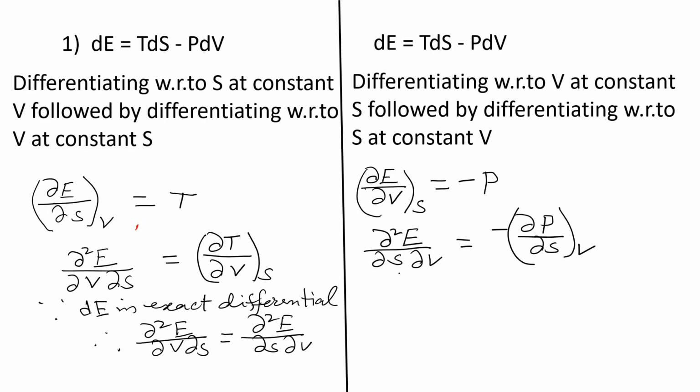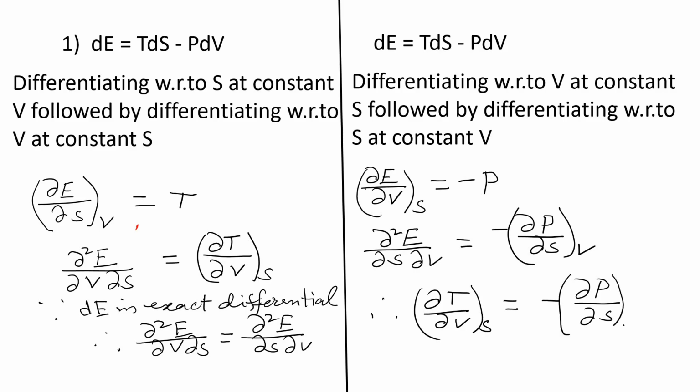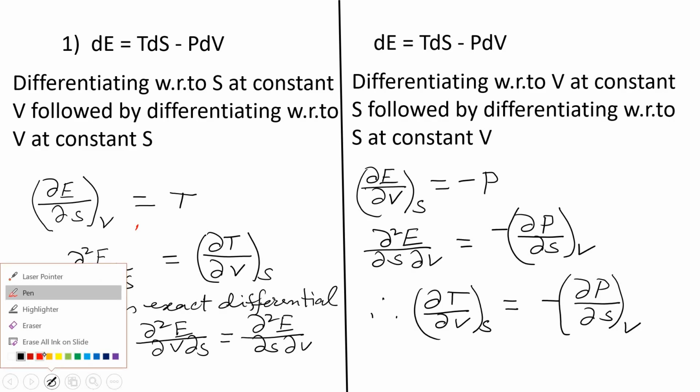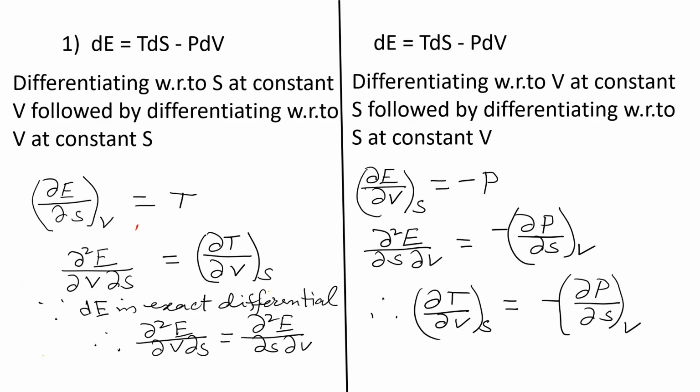That means this is equal to this. So, what can we write? Therefore, ∂T/∂V at constant entropy is equal to minus ∂P/∂S at constant volume. So, this is the first Maxwell relation.